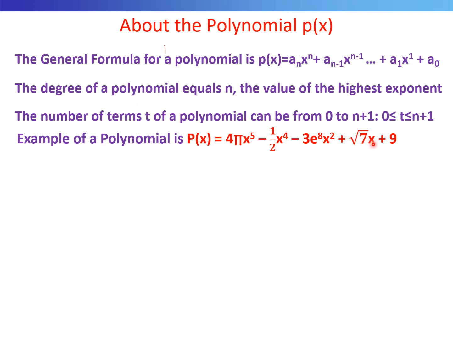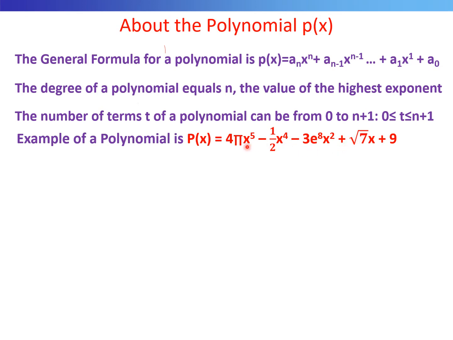In general, a polynomial pretty much has all the common operators for arithmetic calculation. You can do multiplication, exponentiation, you can do subtraction, you can do division, you can do multiplication by exponential values, you can do addition, you can do square root.